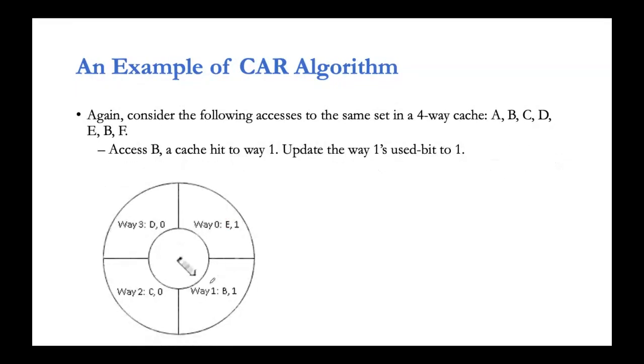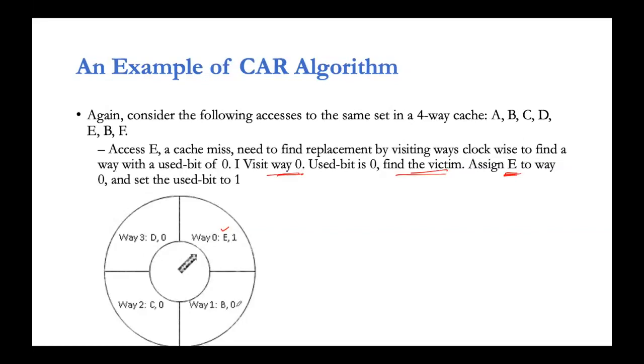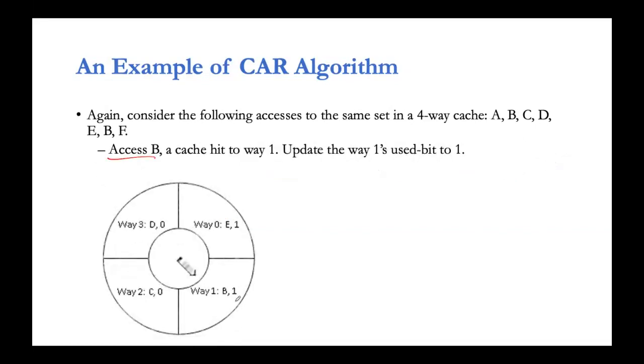Then the next one advances to access B, a cache hit to way 1, and update way 1's used bit from 0 to 1.